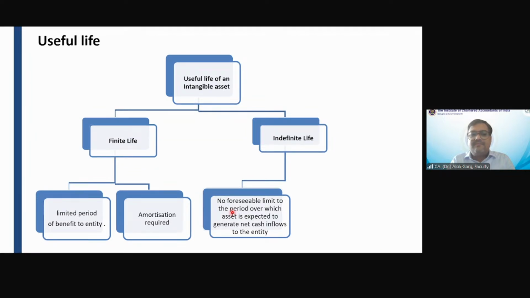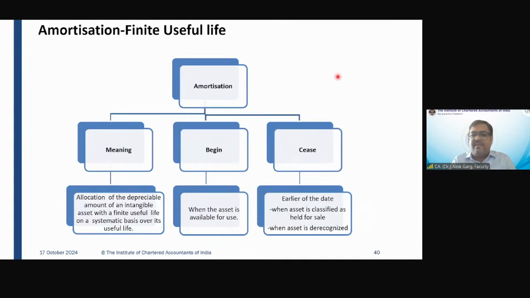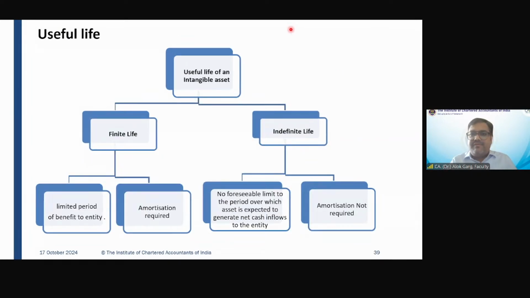Just carry it at cost and do the impairment testing. Amortization is not required, but you have to carry the cost and at every reporting date, you have to do the impairment testing.